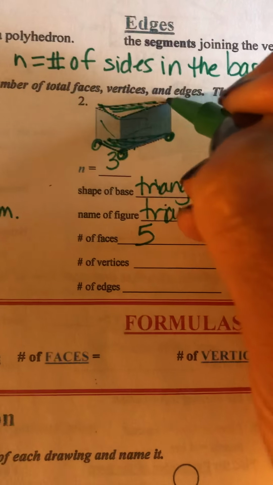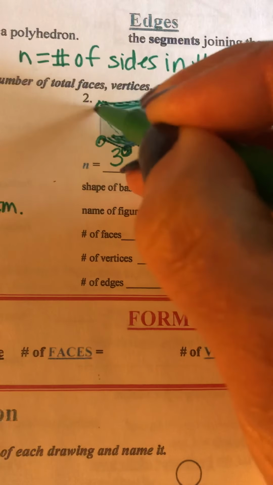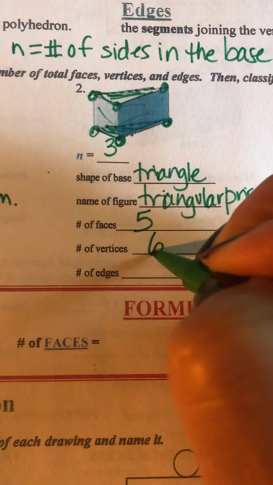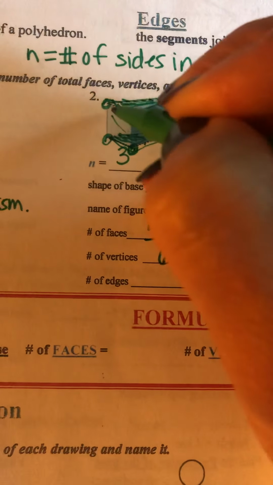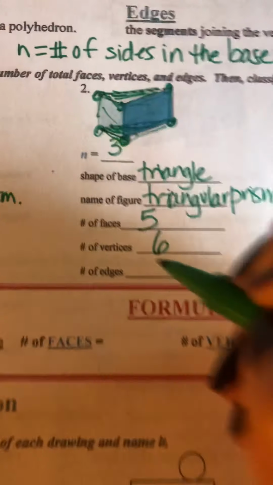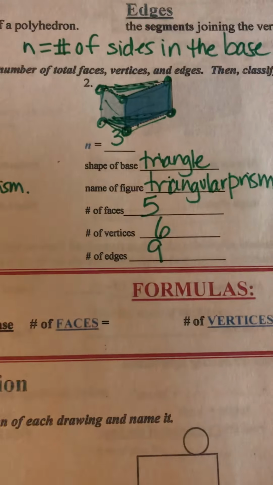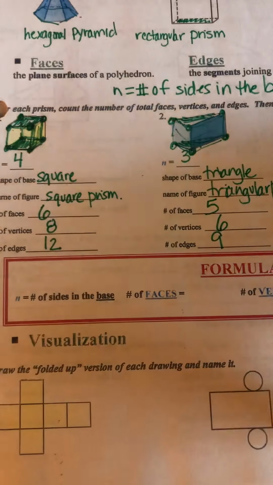The corners, 1, 2, 3, 4, 5, 6 corners. And the edges, 1, 2, 3, 4, 5, 6, 7, 8, 9 edges. Now eventually we're going to see a pattern here, but for right now we're just filling them in.